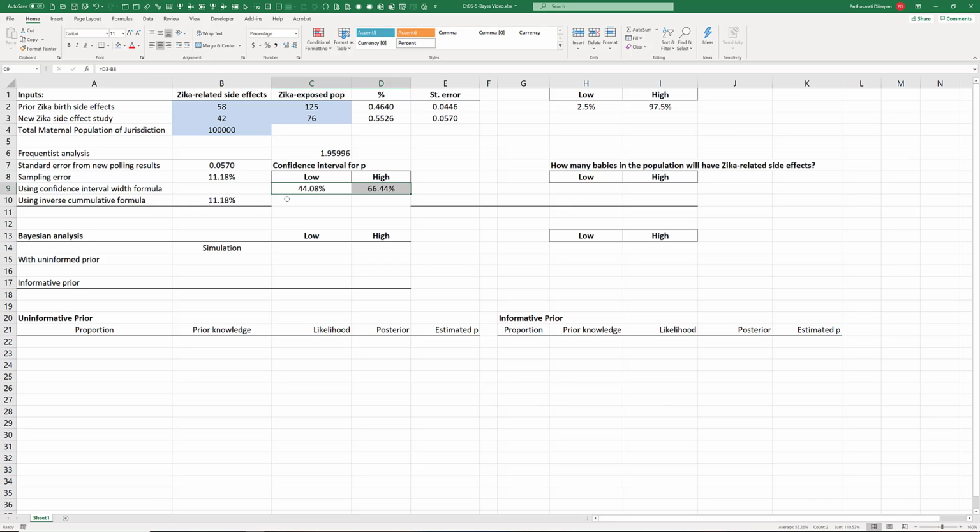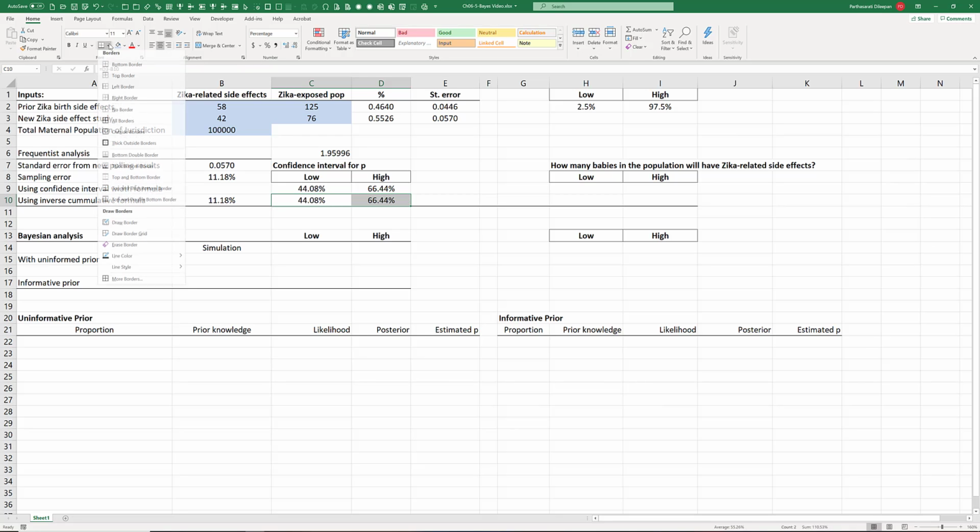Now, of course, you're going to get the same answer if you use that, obviously. So that plus the sampling error. Okay, let's put the border back.